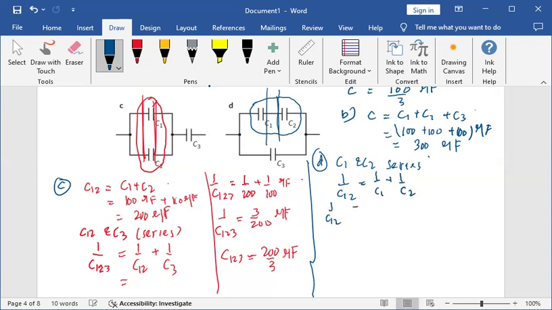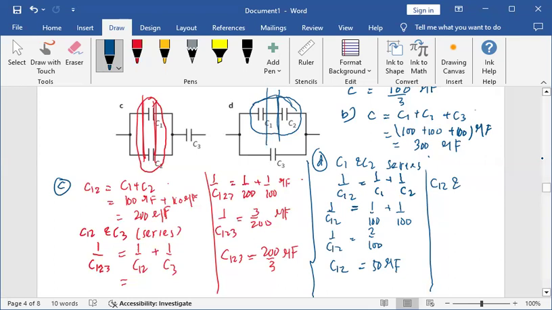Each of them is 100, so 1 over 100 plus 1 over 100. So 1 over C12 is 2 over 100, and C12 is 50 microfarad. And next, C12 will be one capacitor with capacitance 50 microfarad.